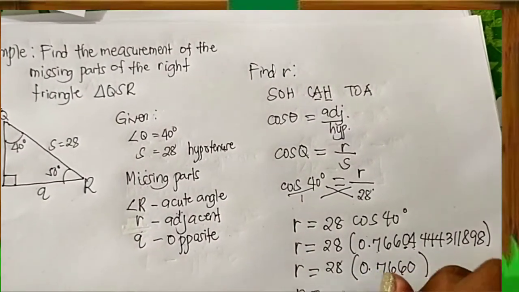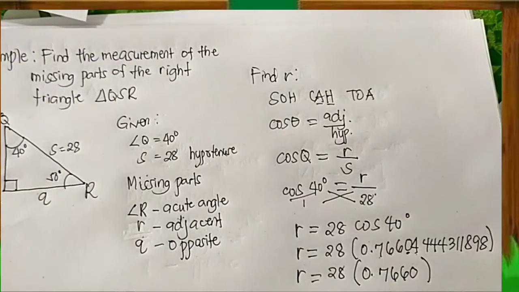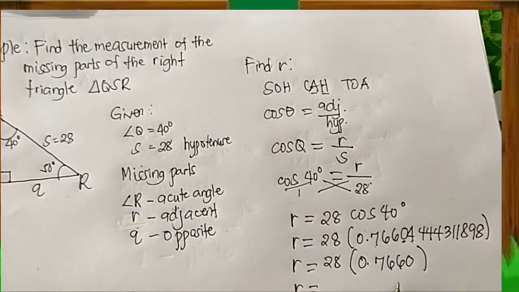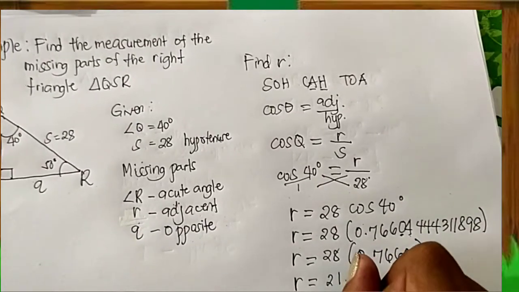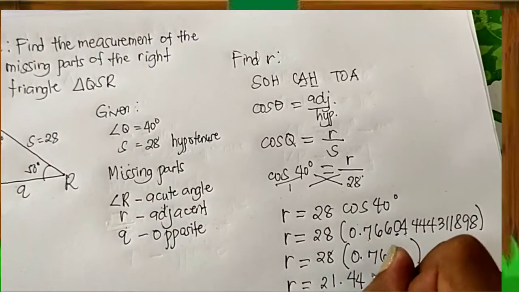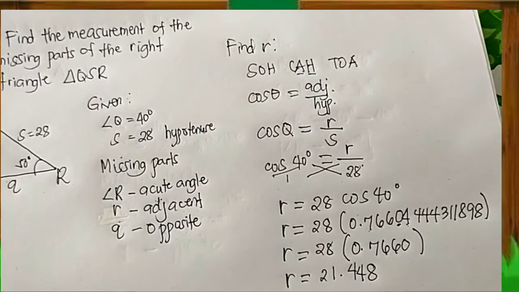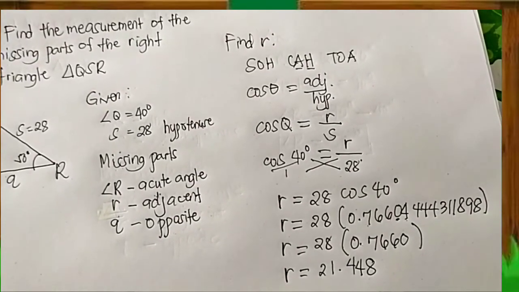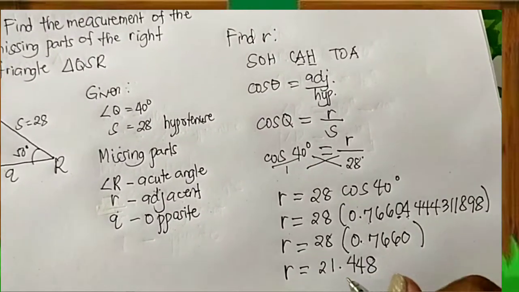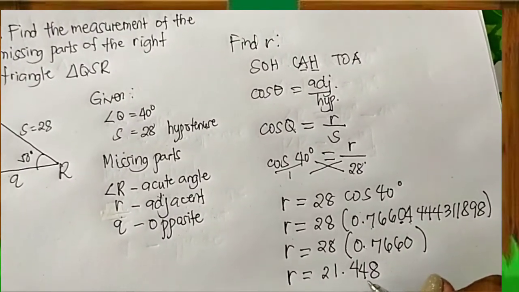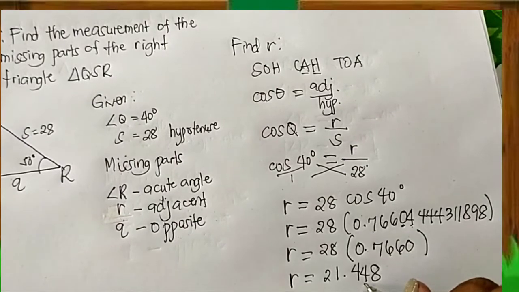So now multiply 28 times 0.7660. The product is 21.448. And correct the number into 2 decimal places.